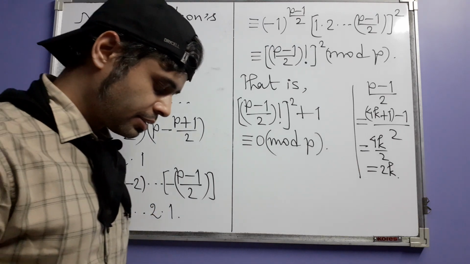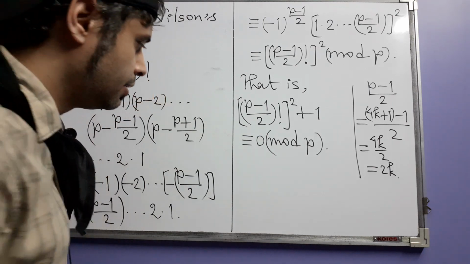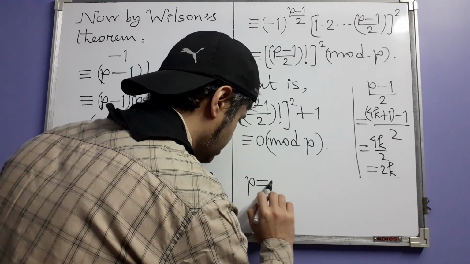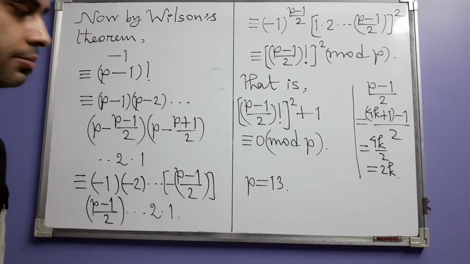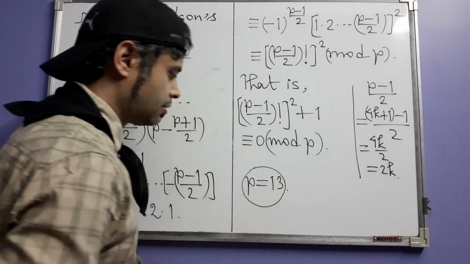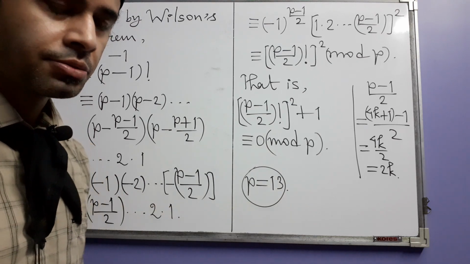The author has given one example to explain this entire thing. In a concrete case, he has taken p equal to 13. Then what do we get? If this is given, you have to check if it is of the form 4k plus 1.